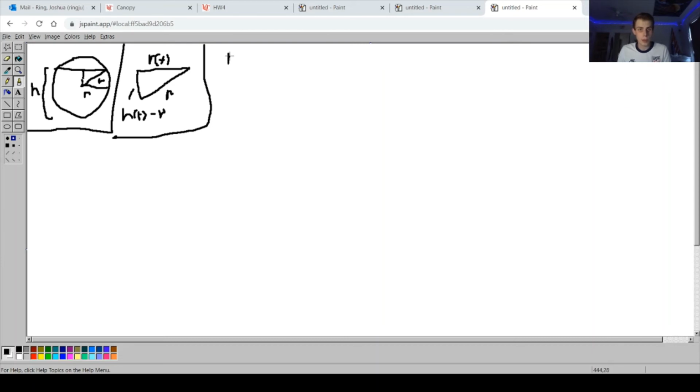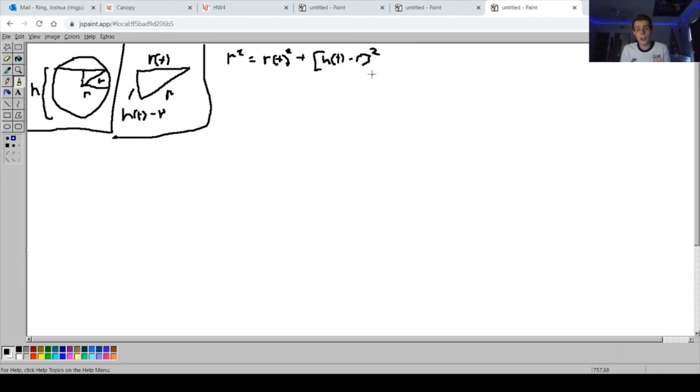So, as we all know, R squared is equal to r_t squared, added to our h(t) minus R, squared.